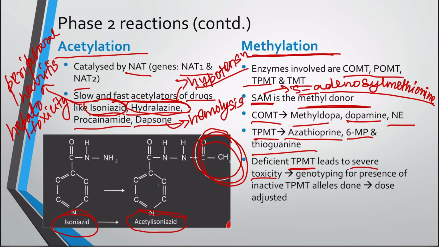This is because these drugs are anti-cancer drugs and they have several severe toxic effects. So because of this, we need to do genotyping so as to look for the presence of inactive TPMT alleles, and as a result, we will decrease the dose of these anti-cancer drugs in those individuals, because that way we can easily prevent the toxic effects.